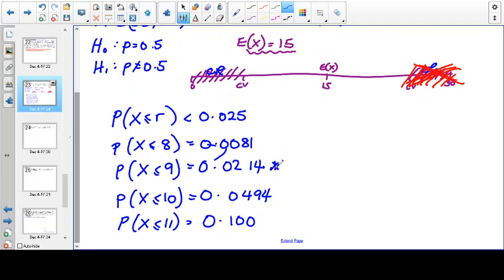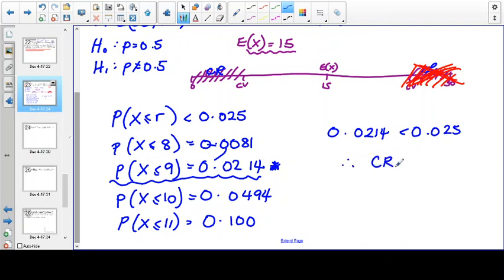This one is our highest value here that goes below 2.5%. Okay, so 0.0214 is less than 0.025. Therefore, the critical region is x is less than or equal to 9.